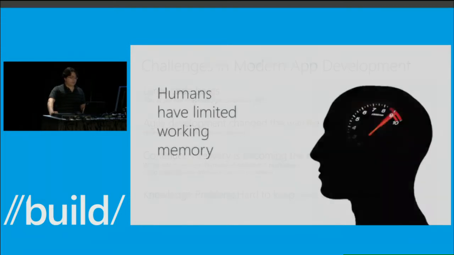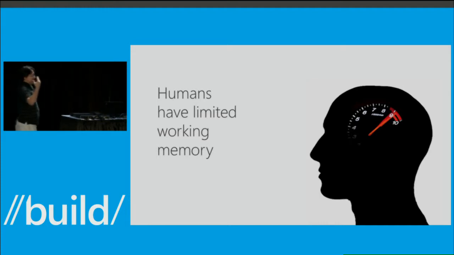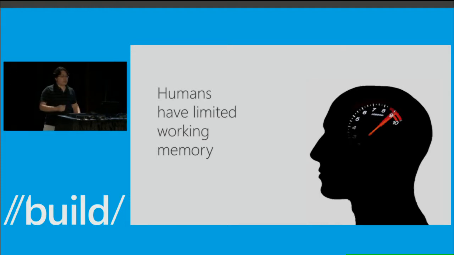The first angle I'd like to come from is starting with an observation about human beings. Not developers. I'm a former researcher, so just talking about humans. What does it mean to be a human? Well, one of the things that is fundamental to being a human being, even if you are a genius, is that you have limited working memory.